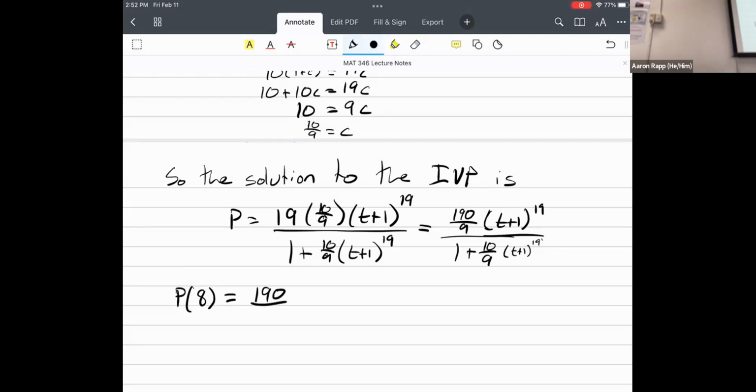I have 190/9 times (8 plus 1) to the 19th power divided by 1 plus 10/9 times (8 plus 1) to the 19th power. And now I see what the simplification is.